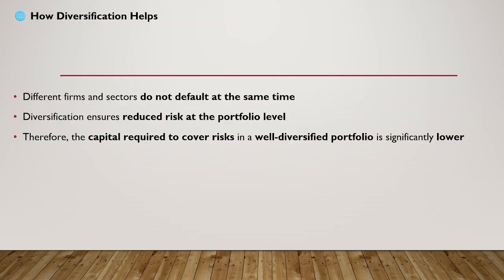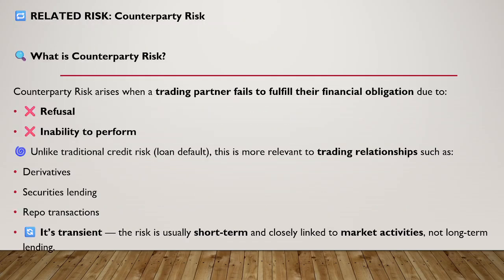Let's now talk about a related but distinct risk: counterparty risk. Counterparty risk arises not from traditional loans, but from trading activities. It's the risk that your trading partner fails to fulfill their contractual obligation. This failure could be due to refusal or simply inability to perform.